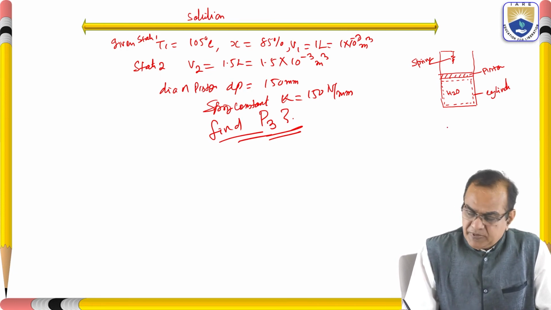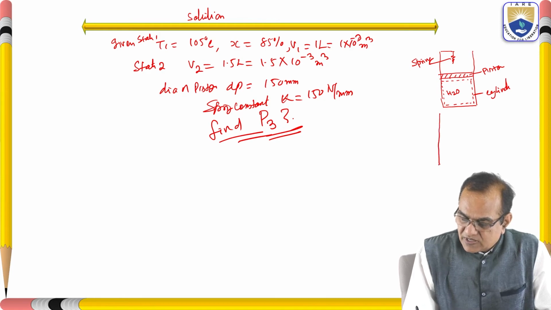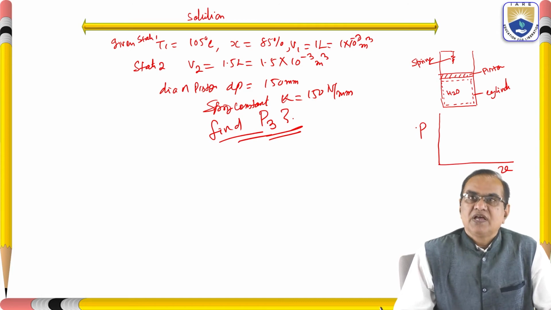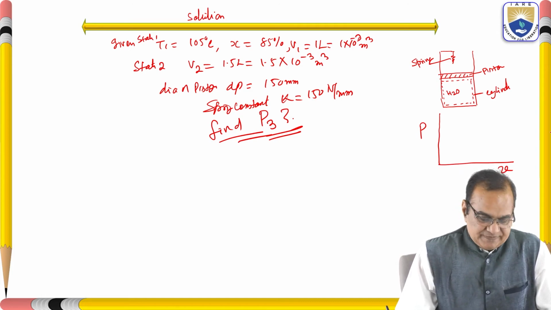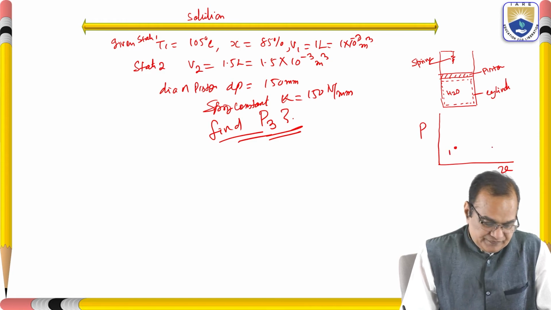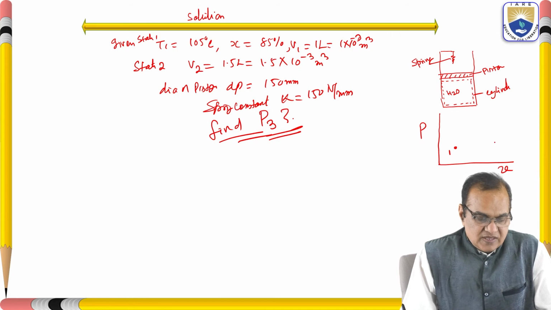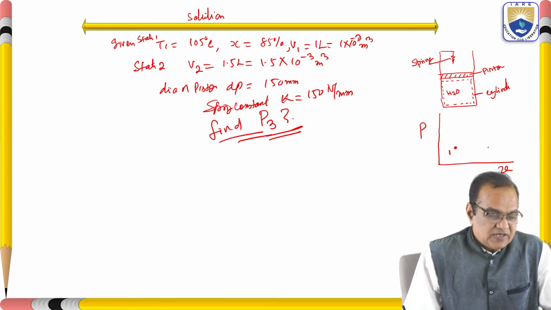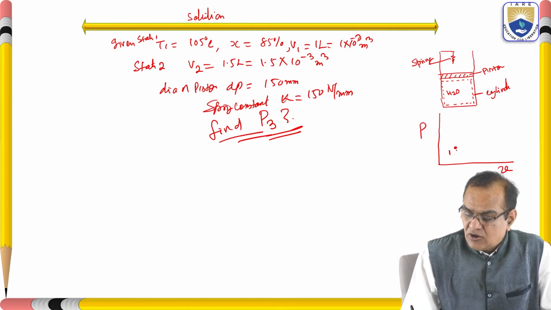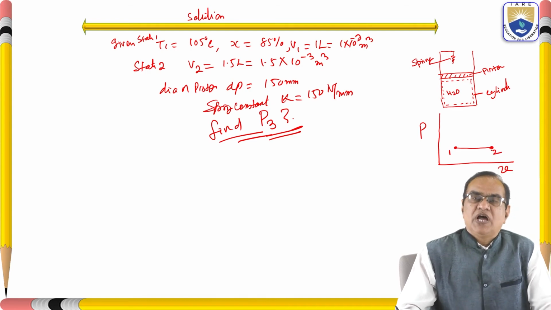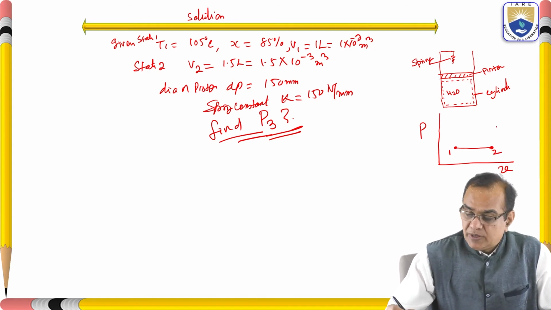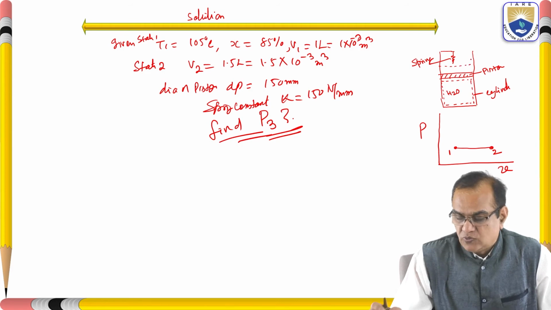I will draw one PV diagram here. P and V diagram, and as per the problem, the pressure is constant up to 2. So this is state 2.